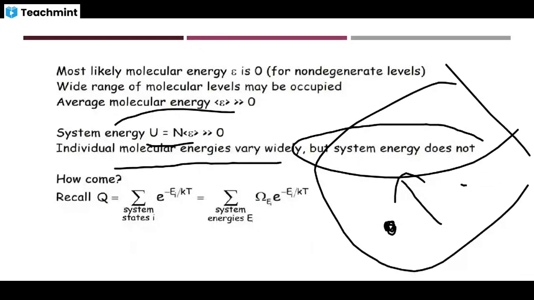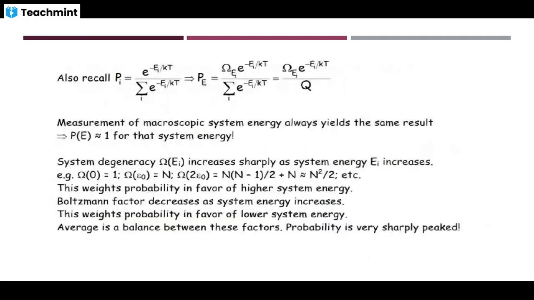So recall Q equal to the sum of e power minus Ei divided by kT, that is nothing but the sum of omega Ei e power minus Ei divided by kT. System energy. Also recall probability is nothing but e power minus Ei divided by kT divided by the summation of e power minus Ei divided by kT.